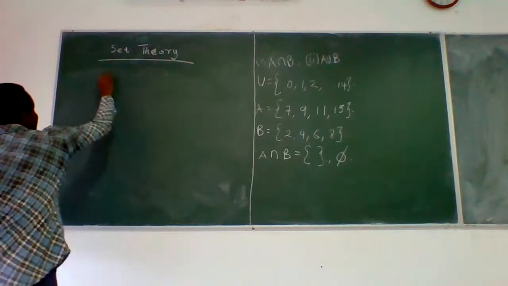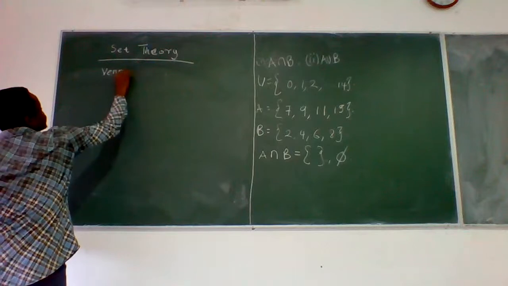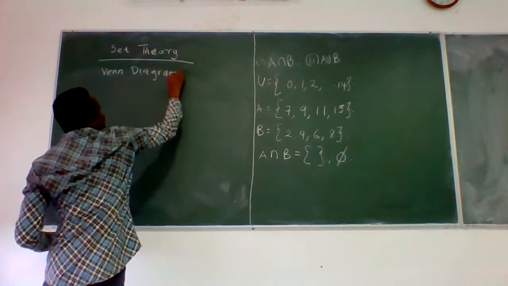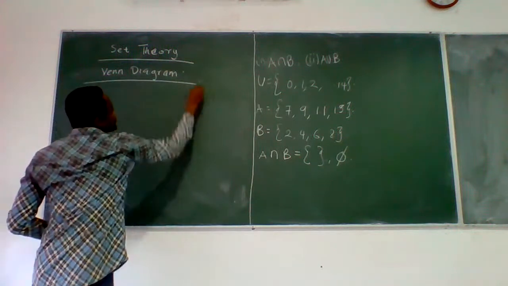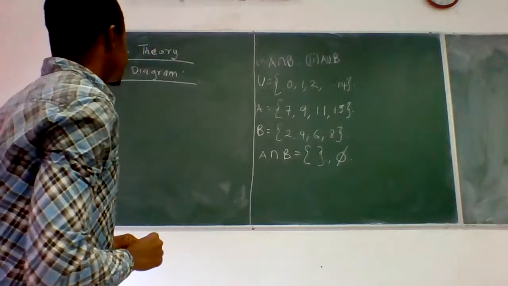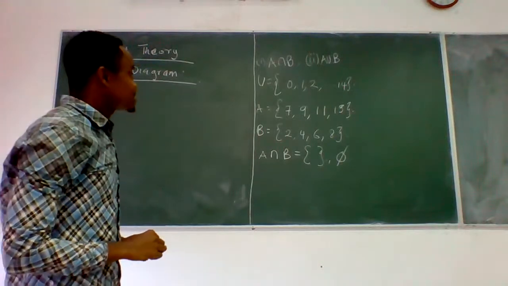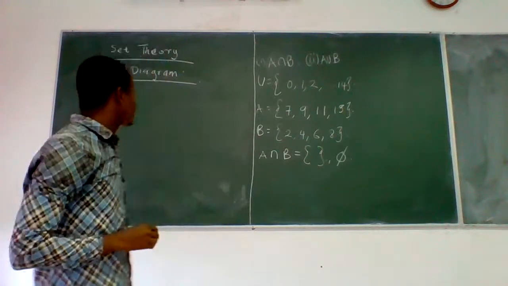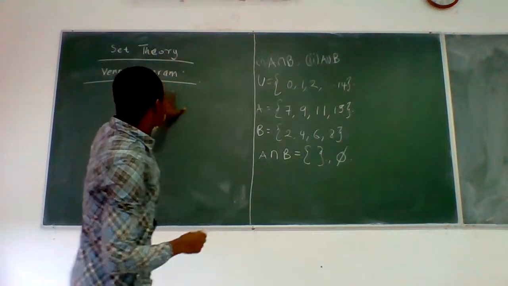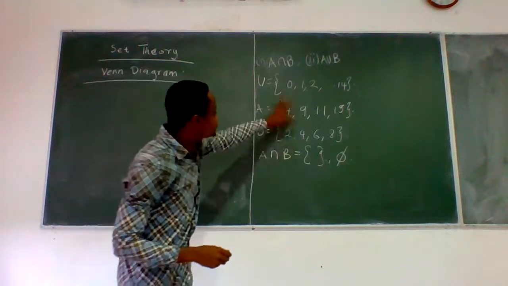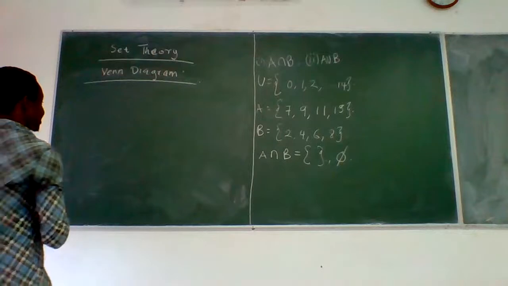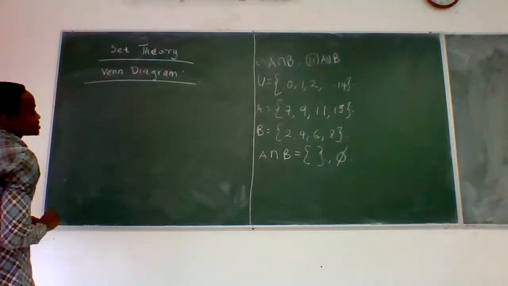So if you remember last week, we defined what a Venn diagram is, and then I gave you some example problems to solve. So what do we want to do here? We want to write all these problems in a compact way by representing them in diagram form so that you can visualize them well.